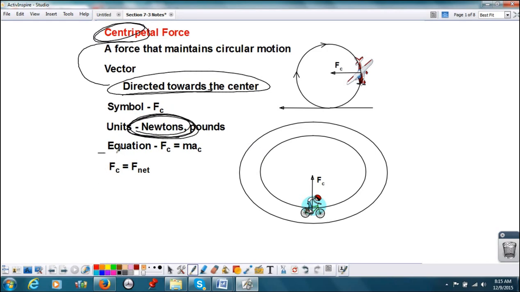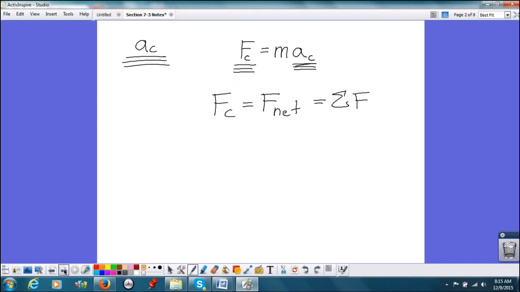The equation we just looked at is a lot like Newton's second law, except we're using a centripetal acceleration, so it's the centripetal force. And we also just talked about how the centripetal force is the net force acting on an object. So let's go ahead and look a little closer at this. So let's say here we have Earth, okay? And we know the moon orbits the Earth. So there's the moon orbiting Earth.